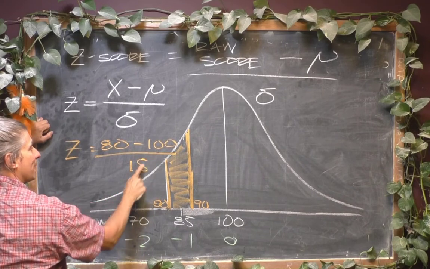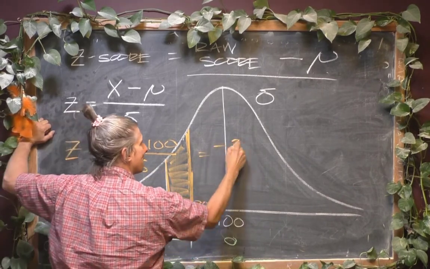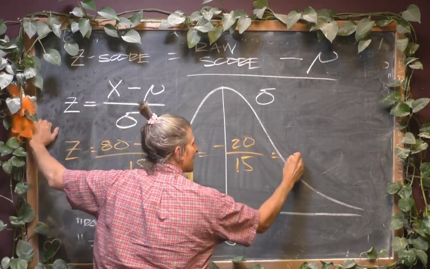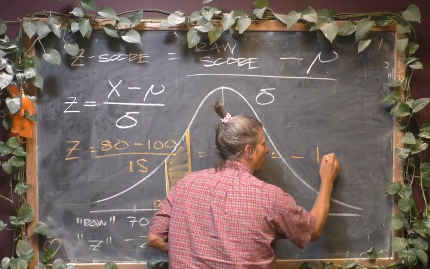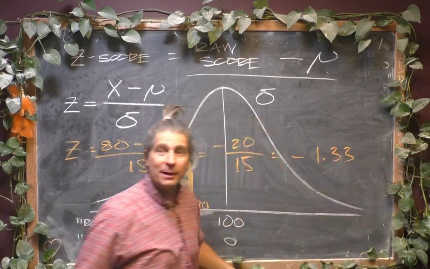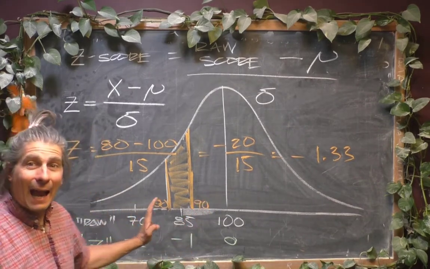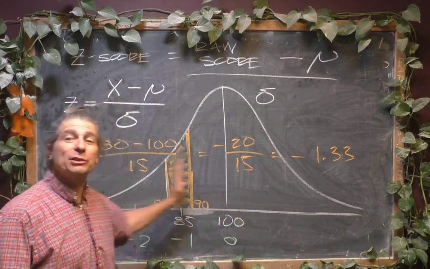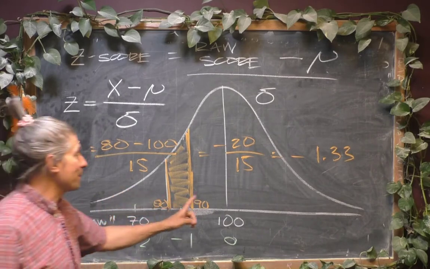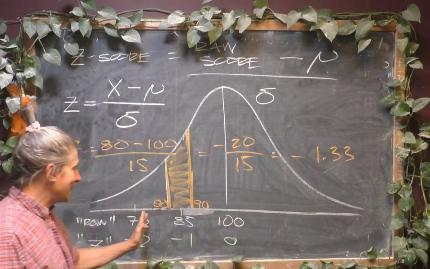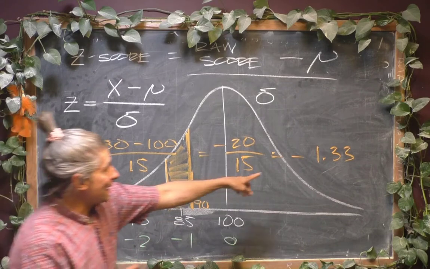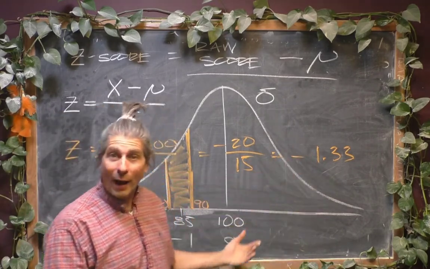That's -20 over 15, which is -1.33333. It's the same distance as we did earlier, except it's on the other side of average. So instead of being 20 up at 120, it's 20 down at 80. And that's where the negative sign comes in. The negative sign just tells you it's below average.